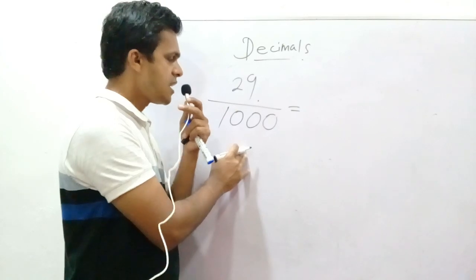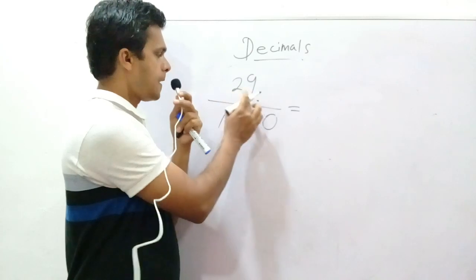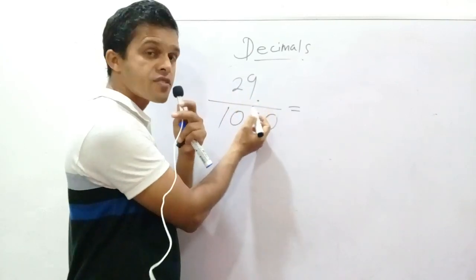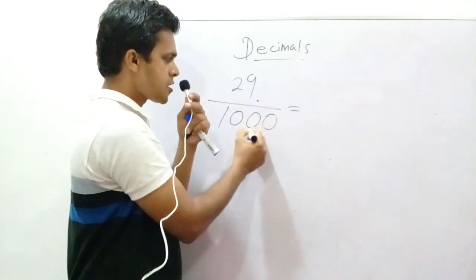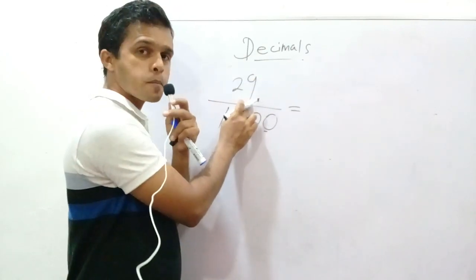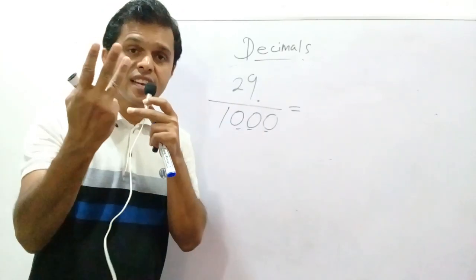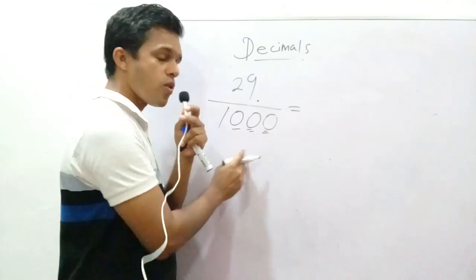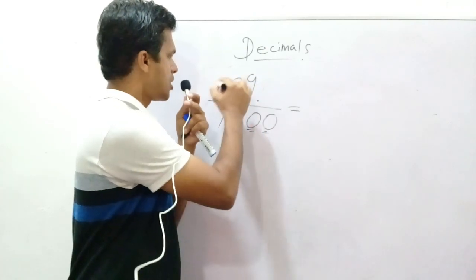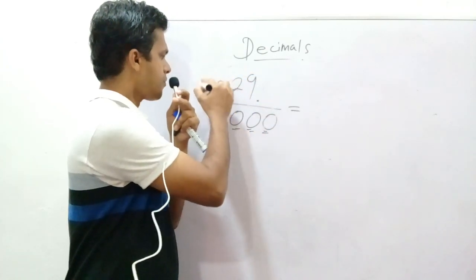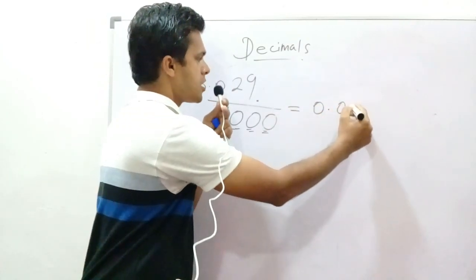This decimal point goes to the left side, passing how many digits? 3 digits, because here there are 3 zeros. So 1, 2, 3. The decimal point should be written here. 0.029.